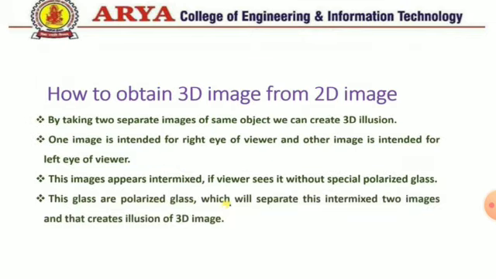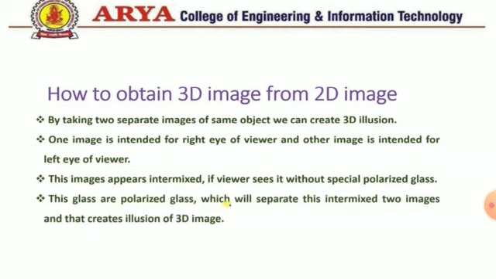First of all, we need to understand how to obtain a 3D image from a 2D image. By taking two separate images of the same object, we can create a 3D illusion. So here we need two different images, and by taking these two images, we can create a 3D illusion.